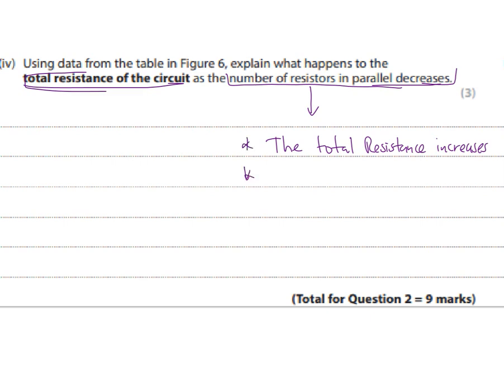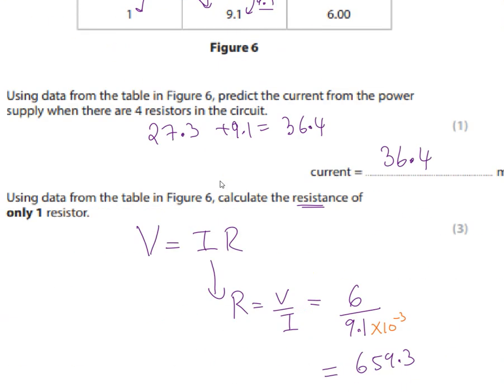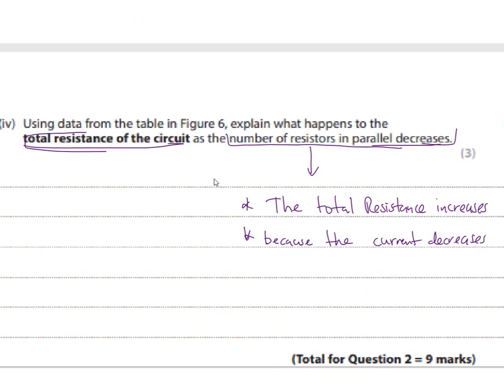Because the current decreases. Look what happened. As the number of resistors goes down, the current is going down. This tells us that the total resistance is increasing.